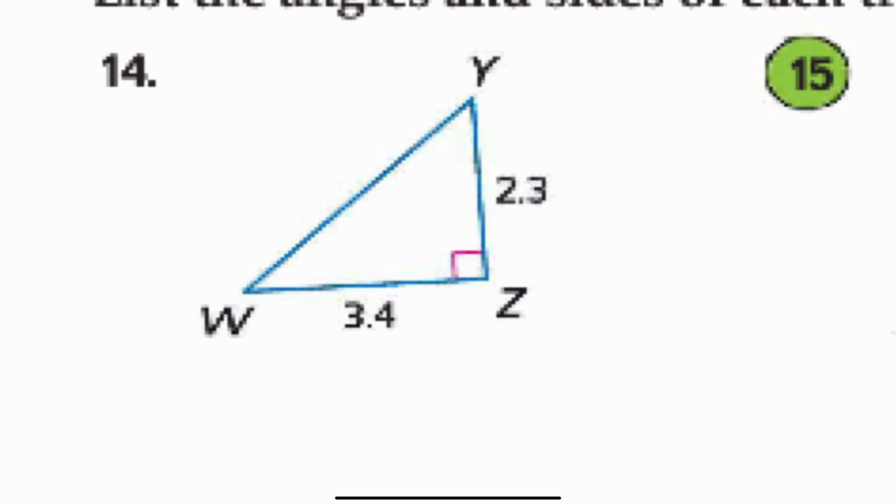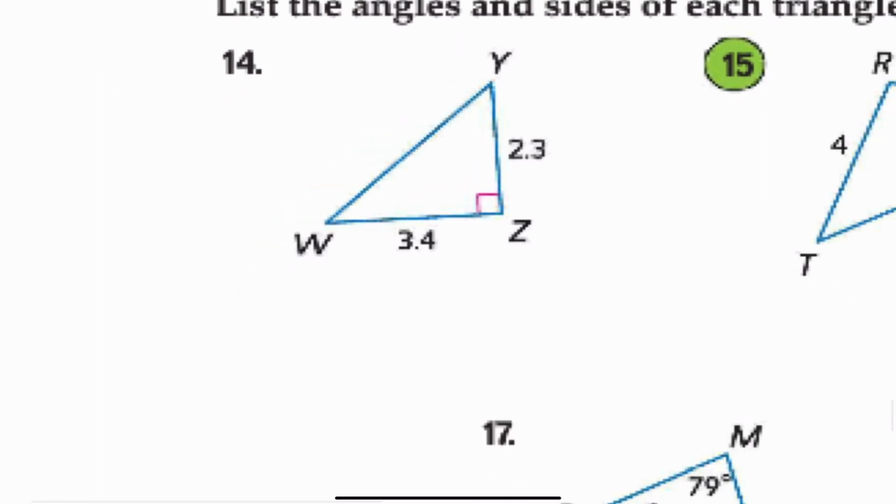So this right here, no doubt about it, is going to be my biggest side. This right here is my smallest side, right? That means that angle W is my smallest angle.